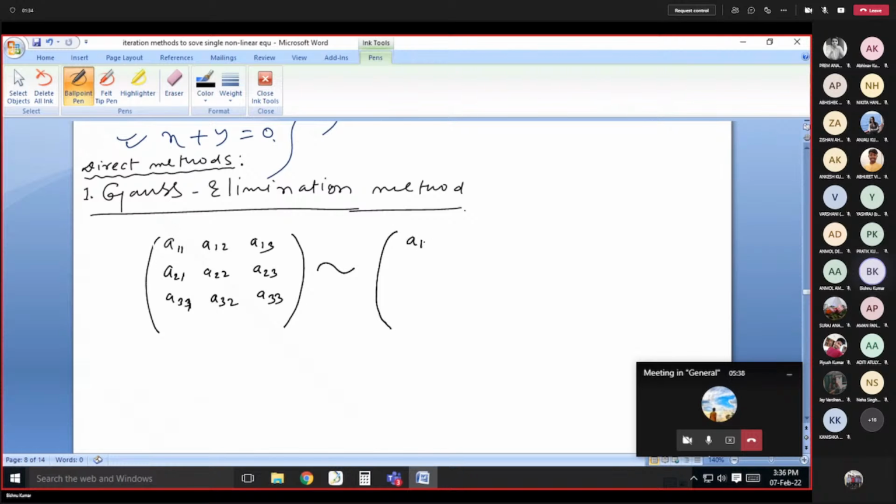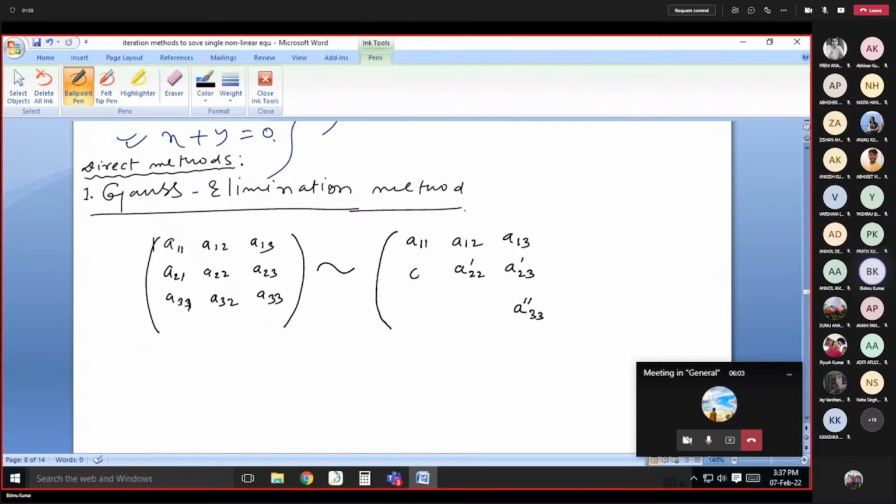Suppose the first equation is unchanged here. Another equation in the second row is changed by another coefficient, suppose looks like that. And the third equation is this type of thing.